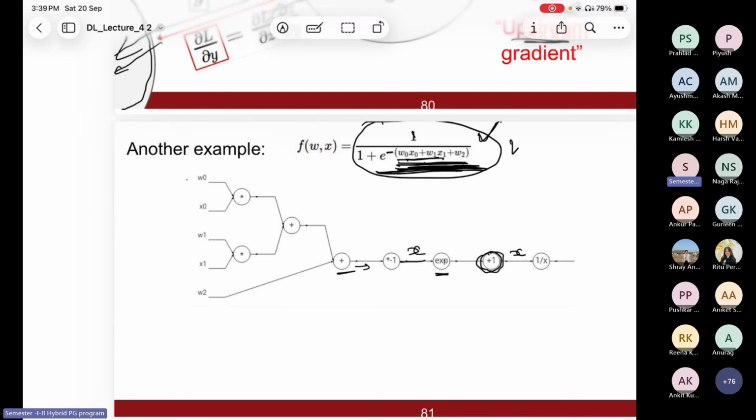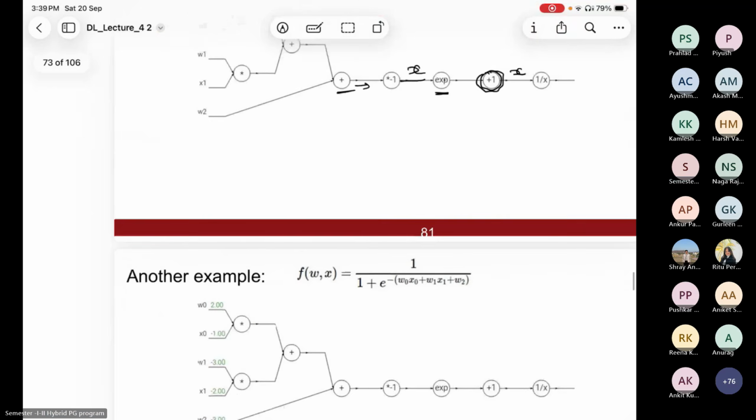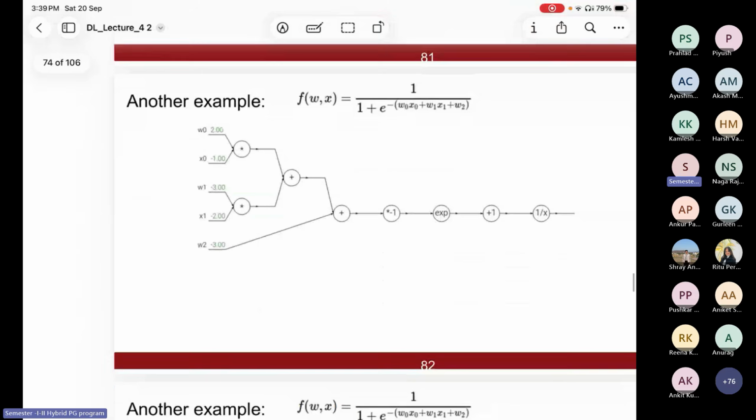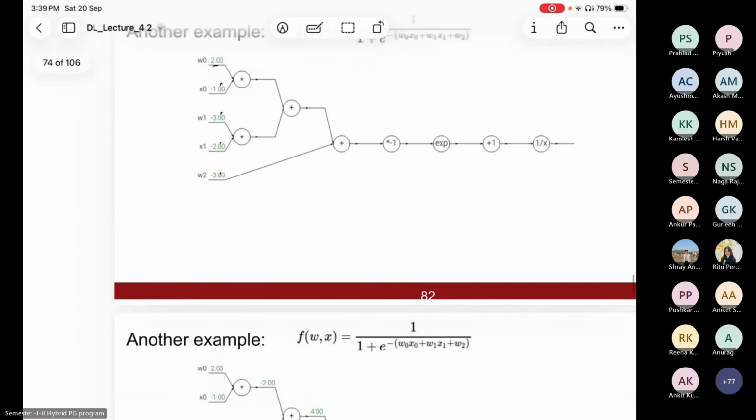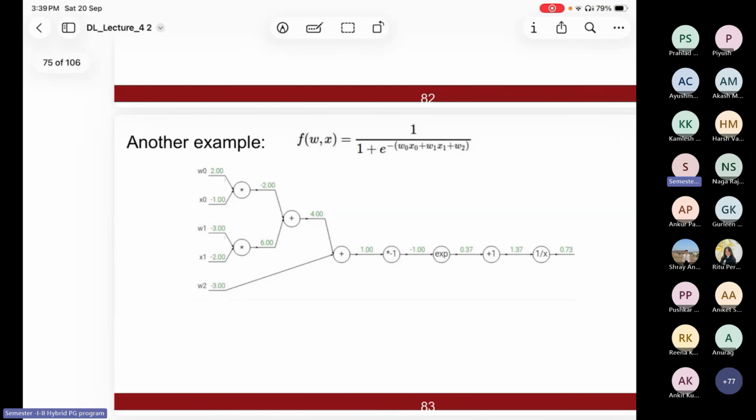We are just making the graph of this. That's all. Let us take some values and calculate all the values of the functions. So take W0, and then do all the things. Multiply here, you'll get this thing. Multiply this thing, you'll get this thing.